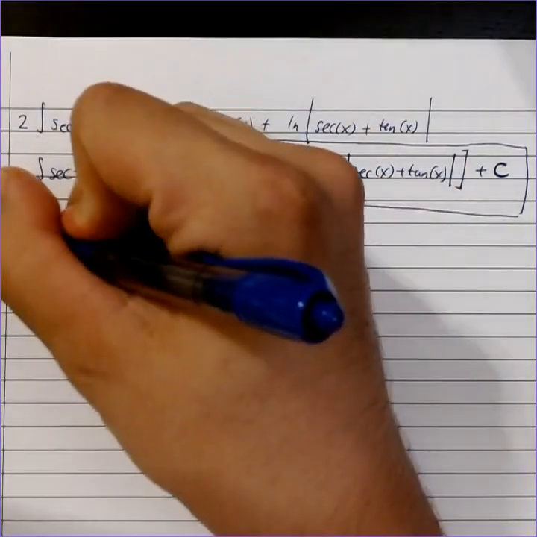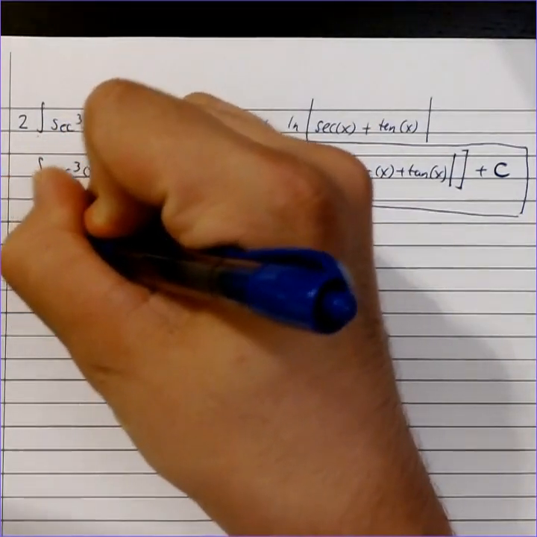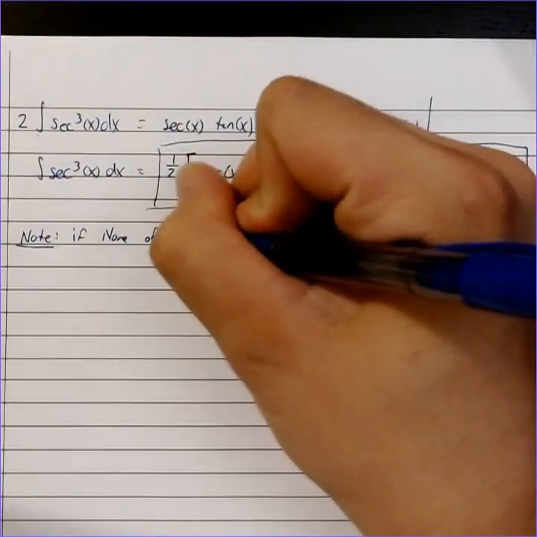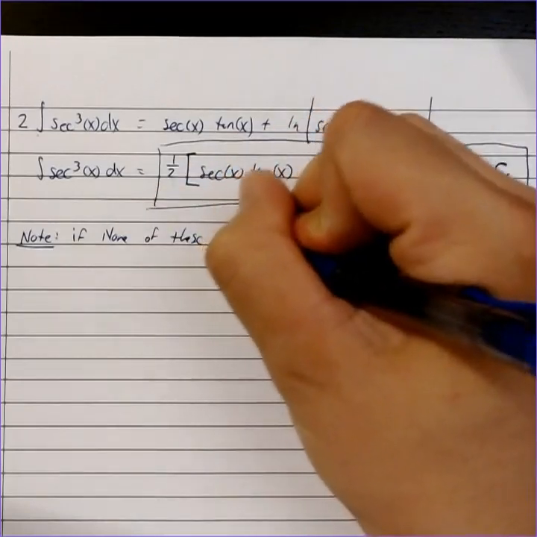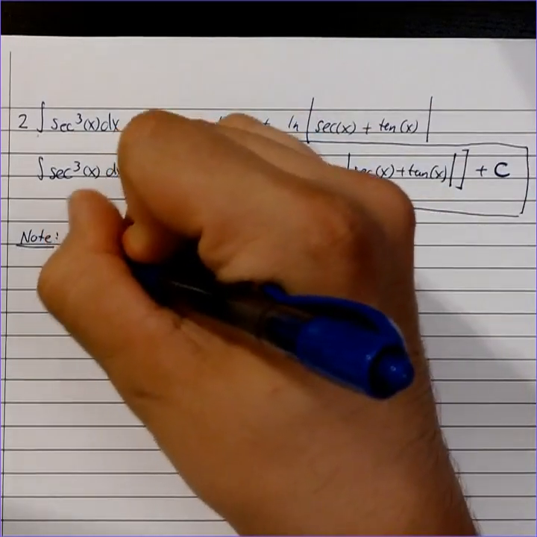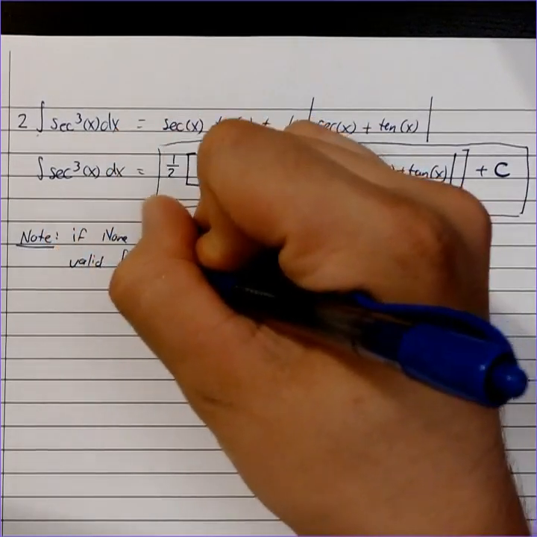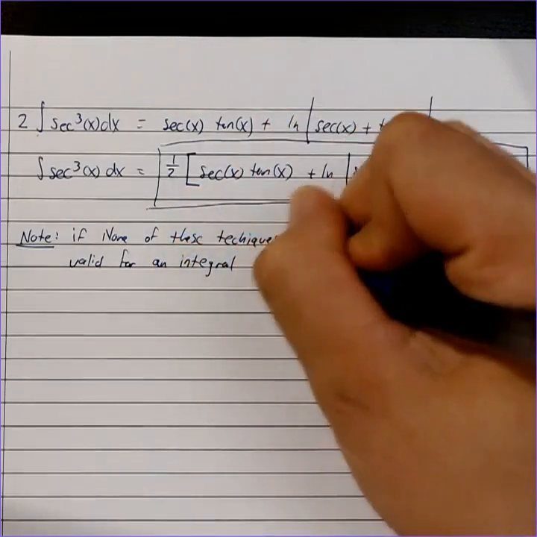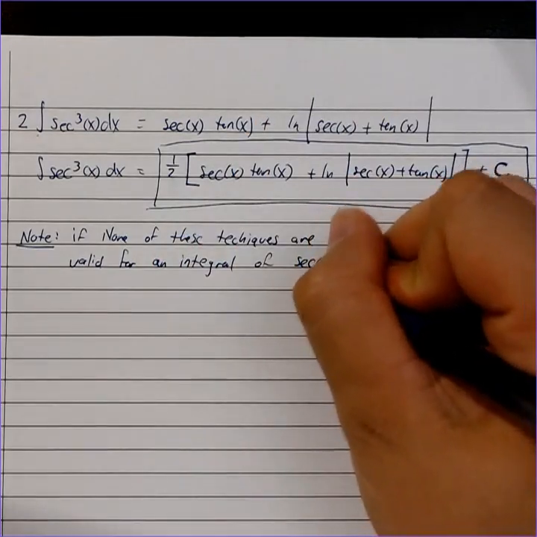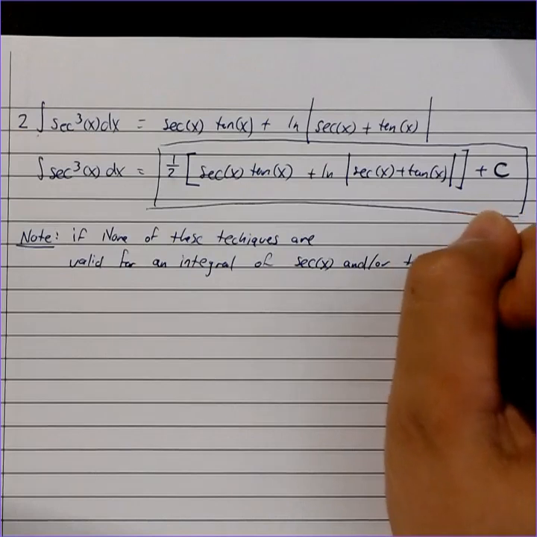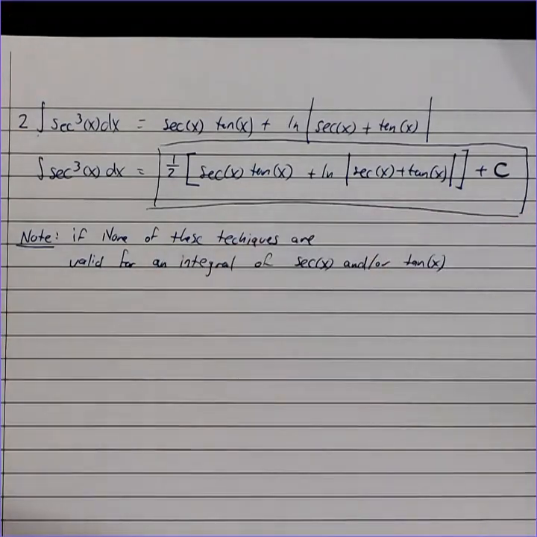It's just note, if none of these techniques are valid for an integral of secants and tangents, it may have one, the other, or both, your last-ditch effort is write everything in terms of sine and cosine.